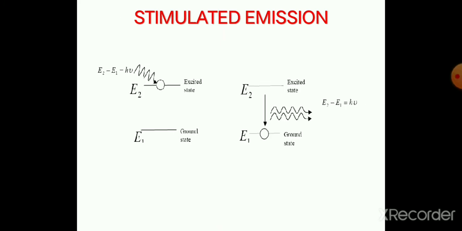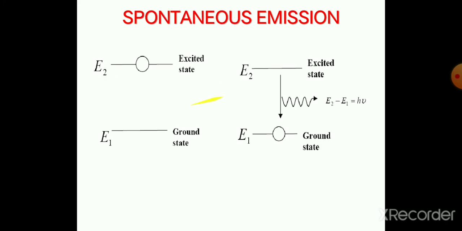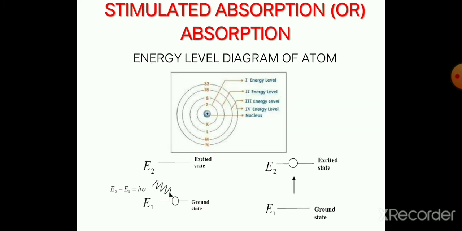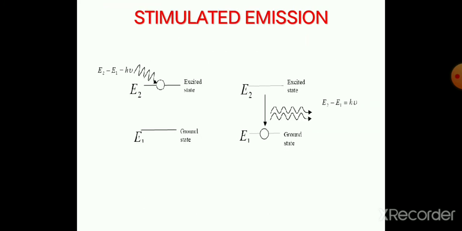Stimulated emission. Again let us consider E1 and E2 energy levels of the ground state and excited state. Let a photon of energy E2 minus E1 equal to h nu interact with the excited atom within its lifetime.